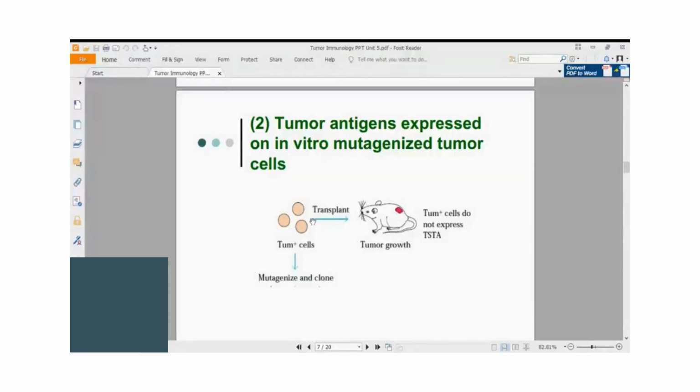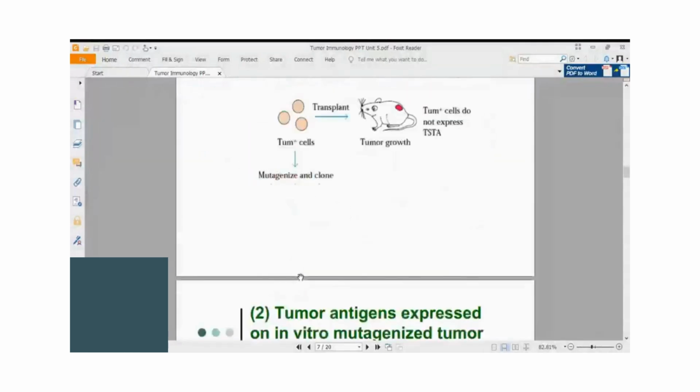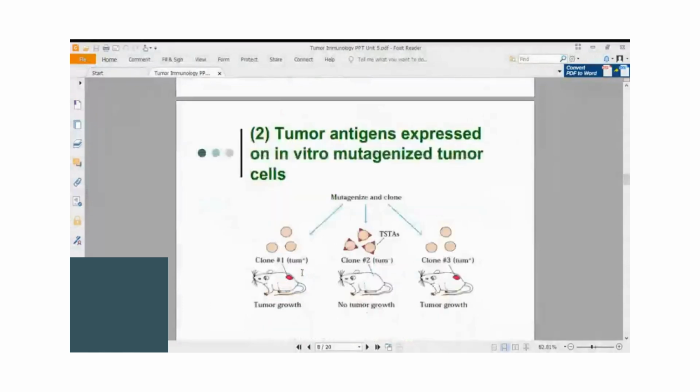Now, those tumor cells obtained from another mouse have been mutagenized in vitro. They are treated for the second time with another mutagenic agent, and those tumor plus cells, after treatment with the mutagenic agent, are now injected once again into syngeneic mice, the mutagenized clones.